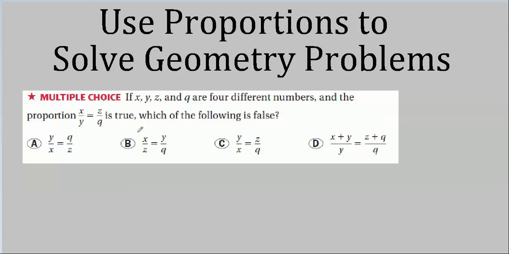How about this? x over z is equal to y over q. Well, here we exchange the extremes. Is that okay? I said that wrong.